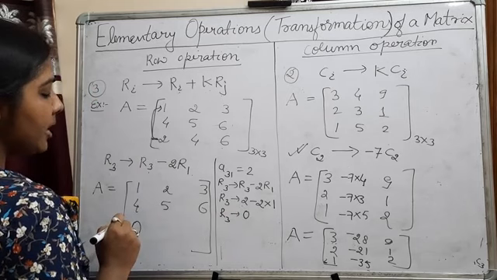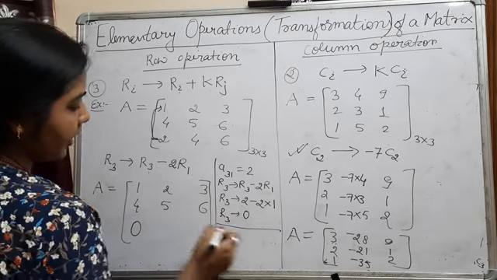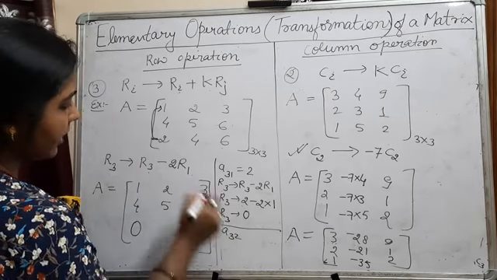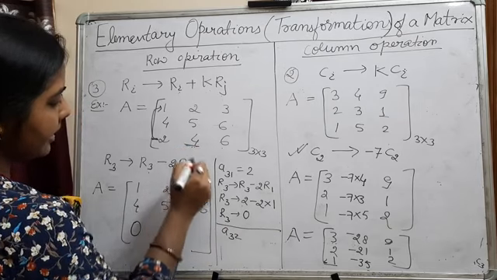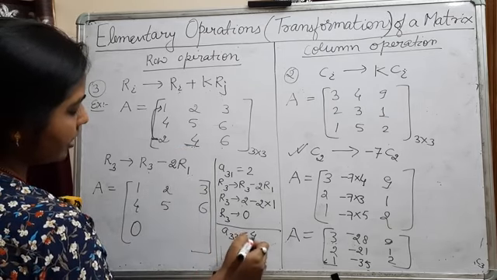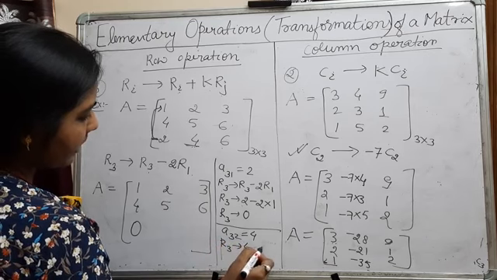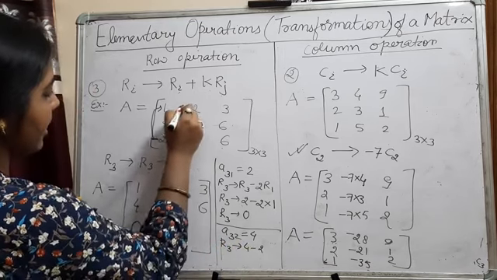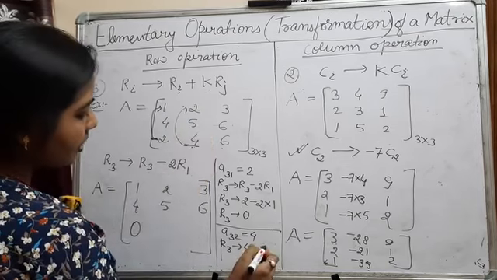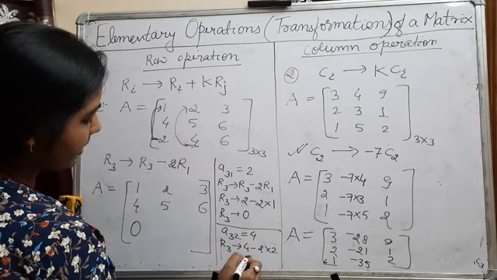Corresponding element we have to take. Secondly, A32, the second element of R3, is 4. Again we apply R3 tends to 4 minus 2 into R1. R1 for this 4 is 2. So again we are getting 0.